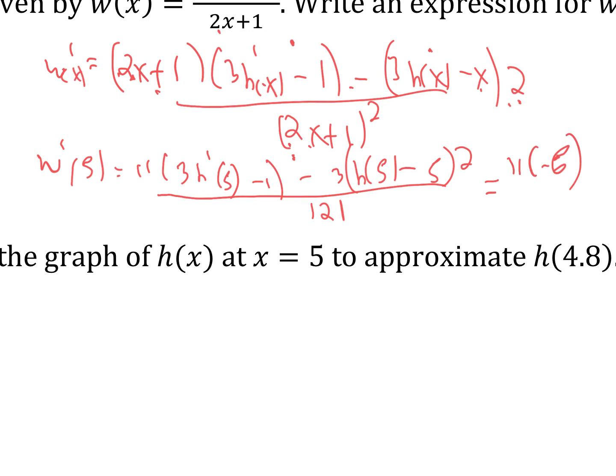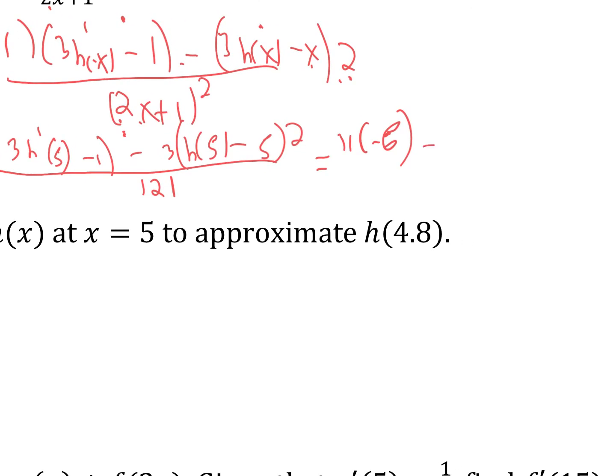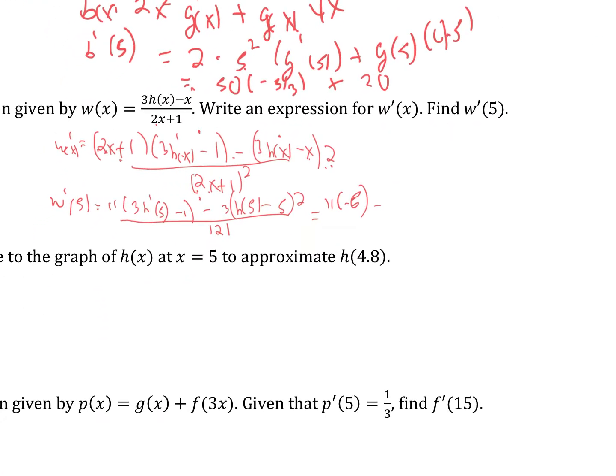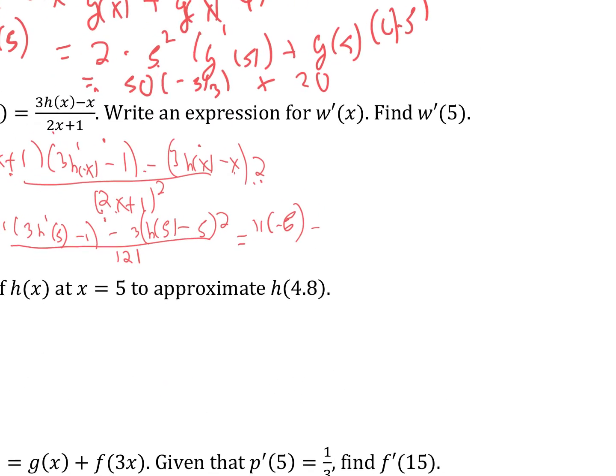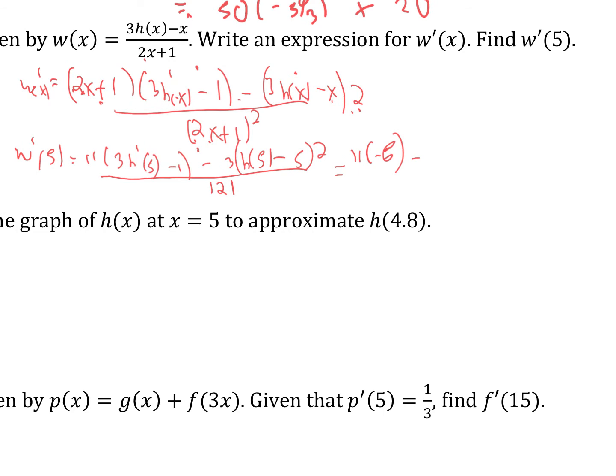Yeah, 3 times negative 5/3, negative 5, negative 6. Minus, h of 5 and g of 5 were both 1. Is that correct? Yes. I'm double checking every time so I don't write it wrong. So that would be 11 times negative 6 minus 3 times 1 minus 5, negative 4, times that 2 over the 121.